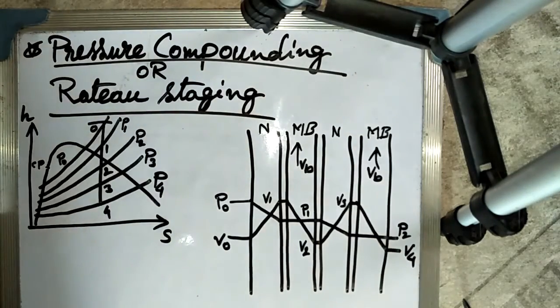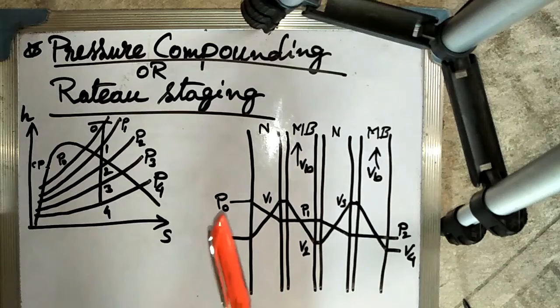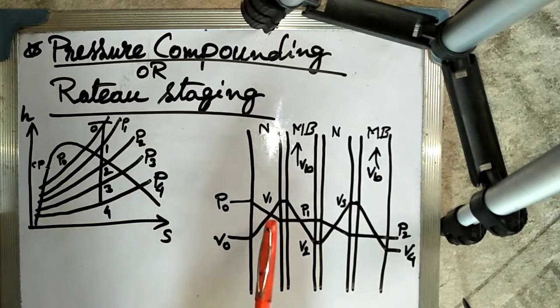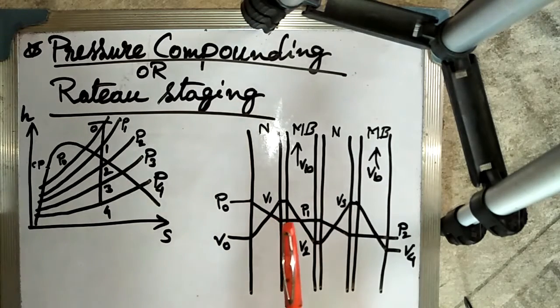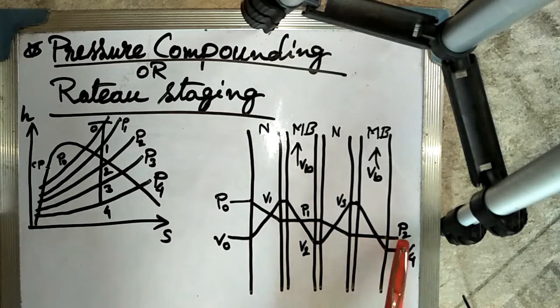Here you can see the pressure is dropping in the nozzle, and during the moving blade portion the pressure is constant, then again in the nozzle it drops, and again the pressure becomes constant in the moving blade.